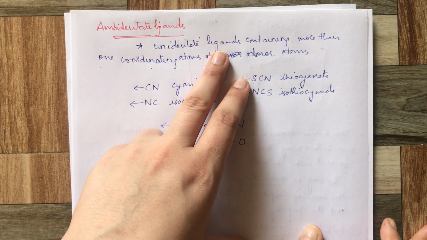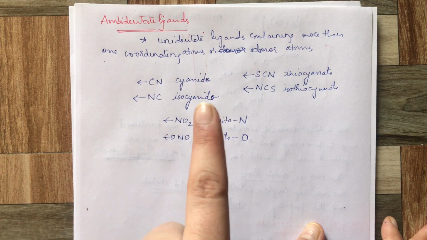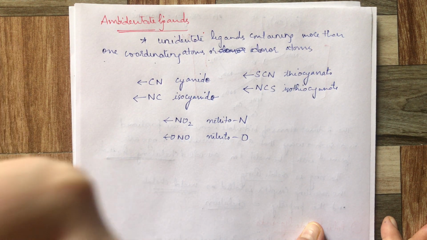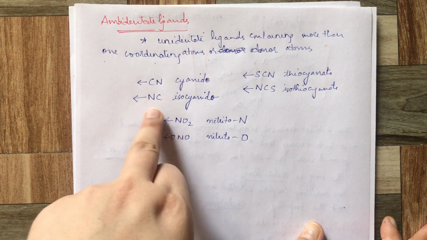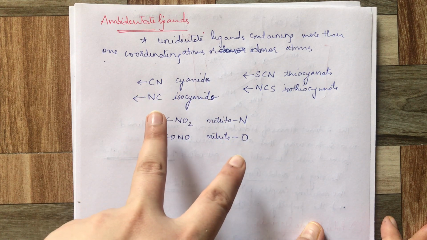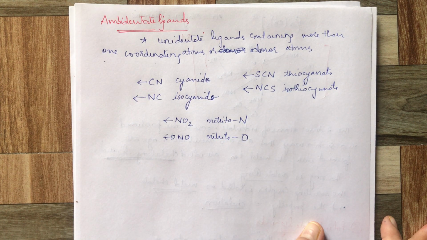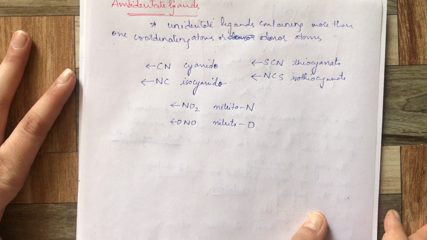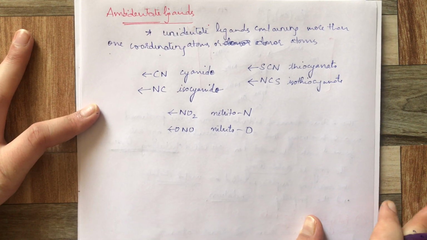They are unidentate ligands, meaning they have two donor atoms, like C or N, but at one time they can utilize only one donor atom. That is the definition of ambidentate ligands.